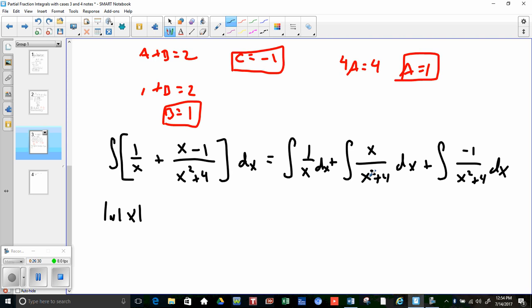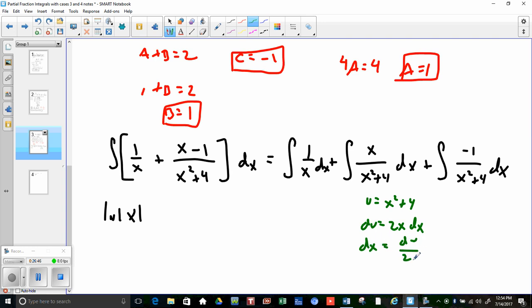This one's going to require u substitution. So down here, we're going to do u = x squared + 4, du will equal 2x dx, and dx is going to be du over 2x.